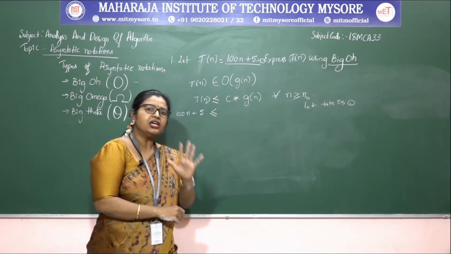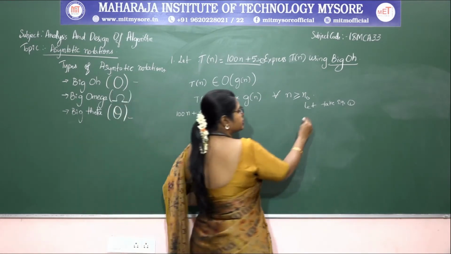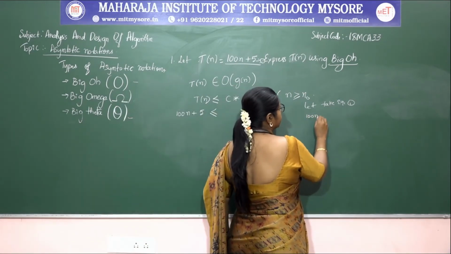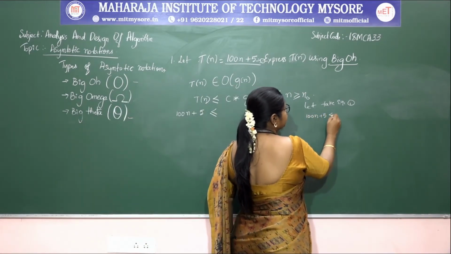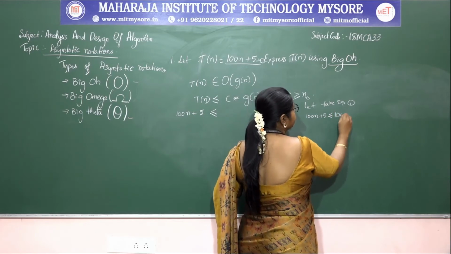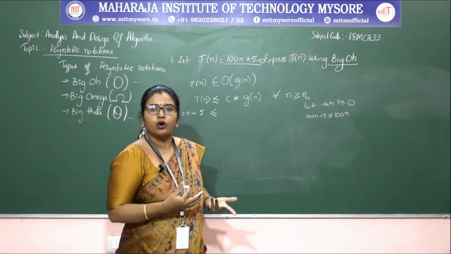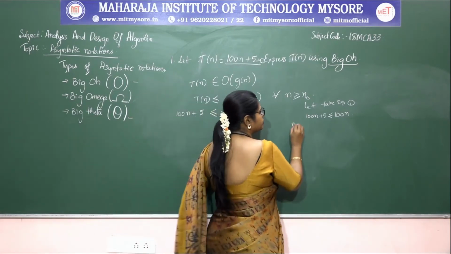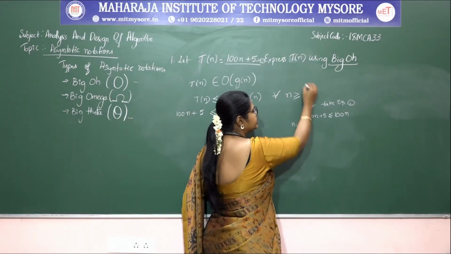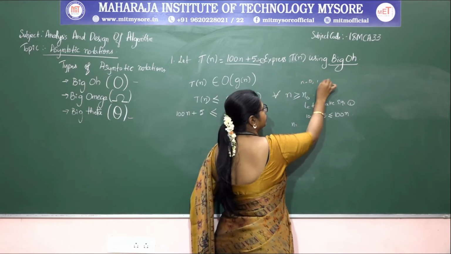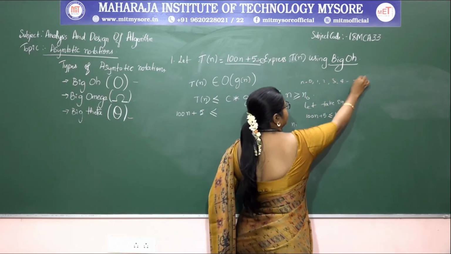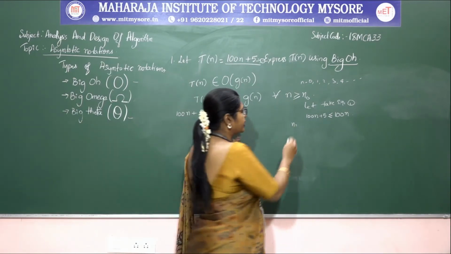If I consider only 100n, what happens? 100n plus 5 less than or equal to 100n. If I give values, n starts with 0, 1, 2, 3, 4, and so on.